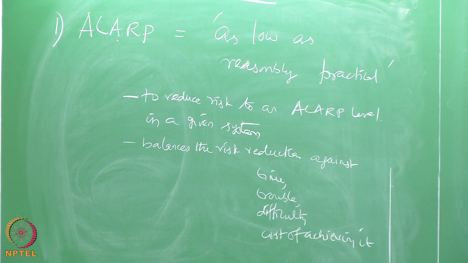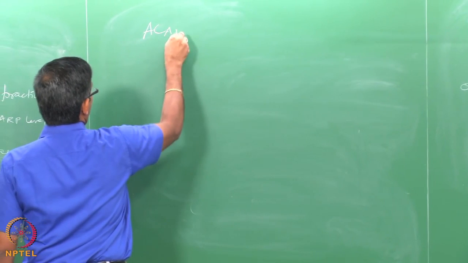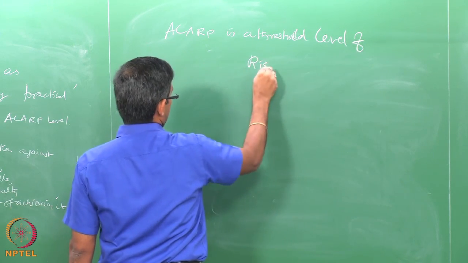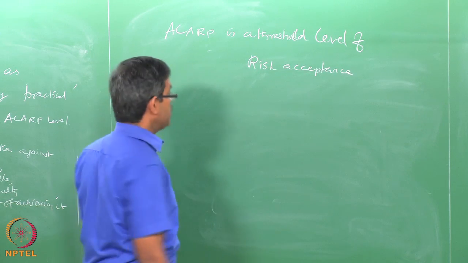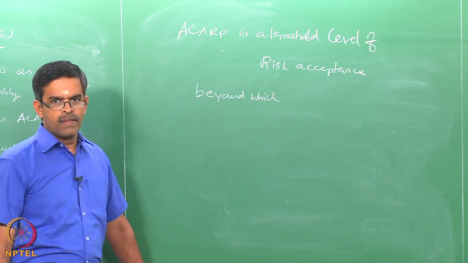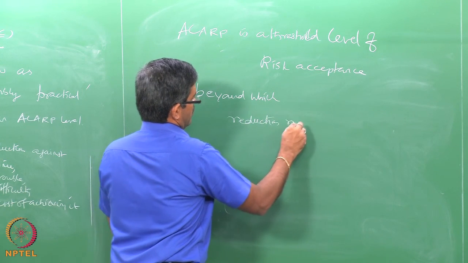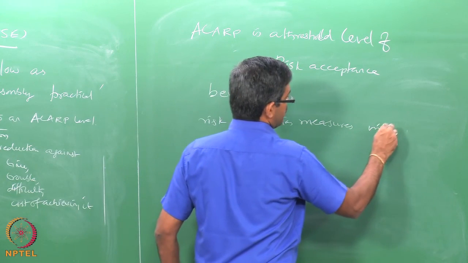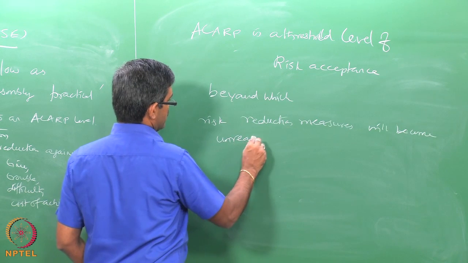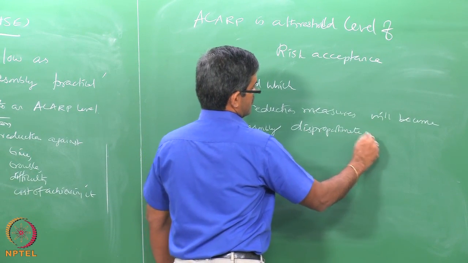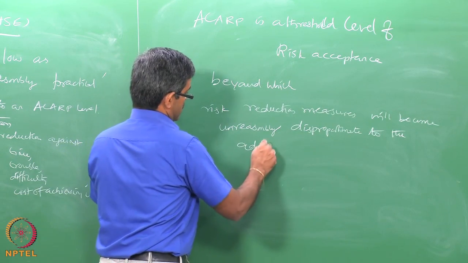Therefore, ALARP is a threshold level of risk acceptance, beyond which the risk reduction measures will become unreasonably disproportionate to the additional risk reduction achieved.